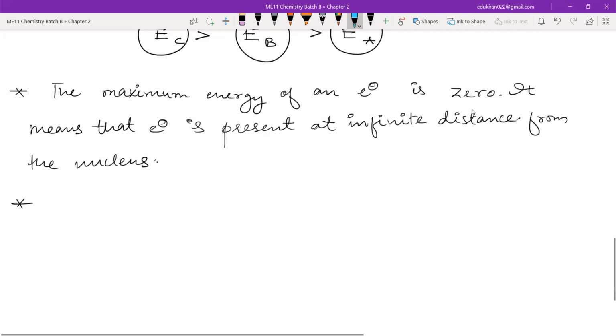You have to write this important thing, which is ground state. Okay, what is ground state?